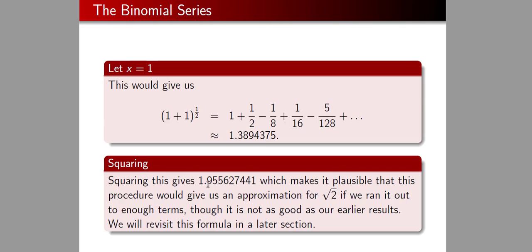I square that, and it gives me 1.955 and junk, which makes it plausible that this would give us an approximation for the square root of 2 if we ran it out to enough terms. So, that's kind of interesting. Okay, we'll come back to this in a later section.